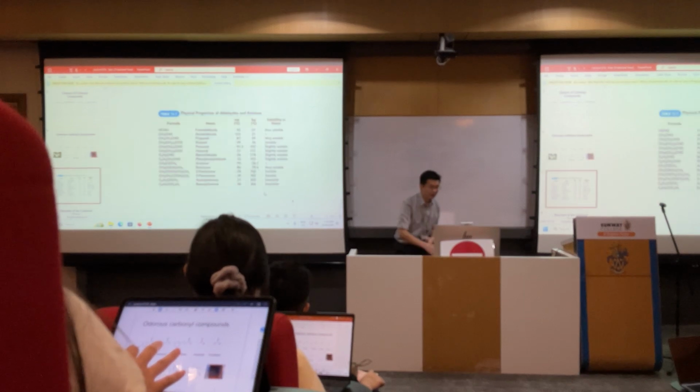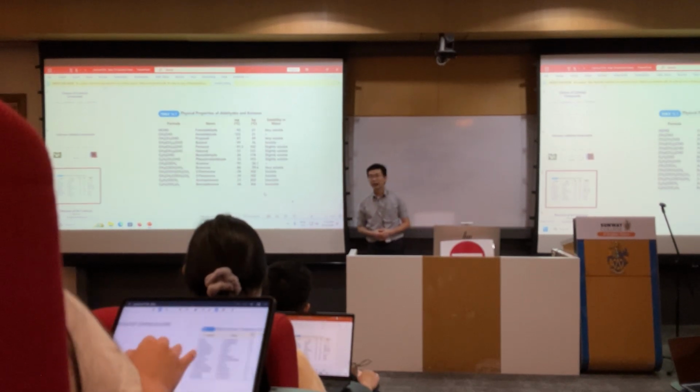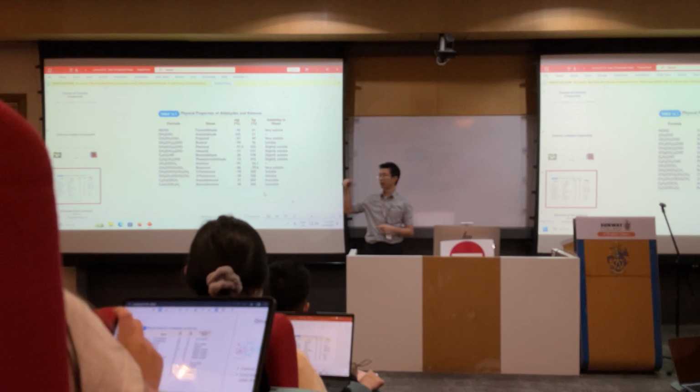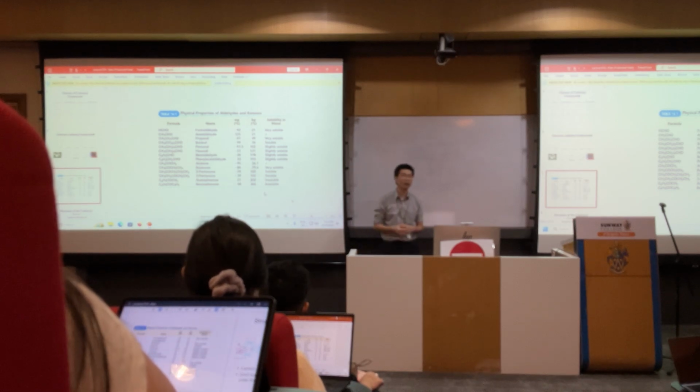Okay. So the physical properties of aldehydes and ketones are similar to the previous class. For example, alcohol: with the increase of alkyl chain, the boiling point and also melting point increase. But how about the comparison with other classes of compounds?